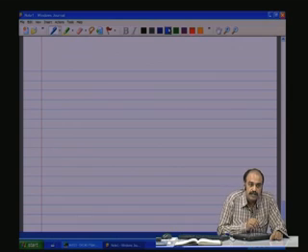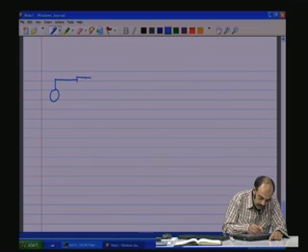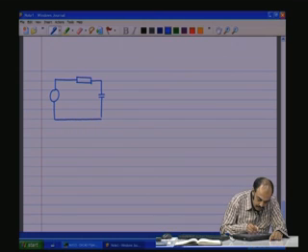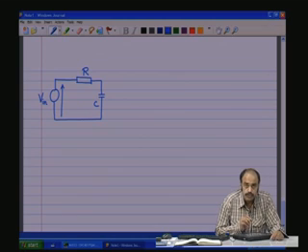Now, let us take the RC circuit which we have been seeing for quite some time, and we are now quite familiar with this circuit. This is our RC circuit, R, C, this is V in. So, V in is the voltage that we are going to use as the reference.